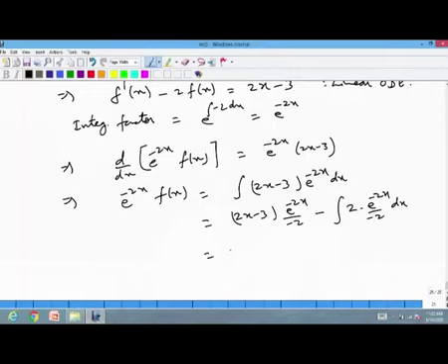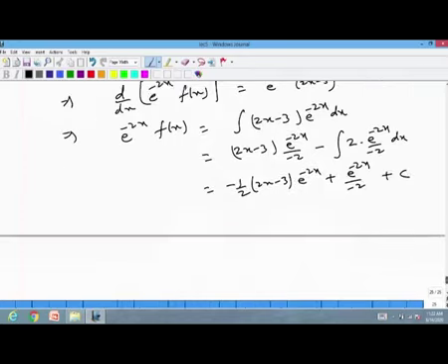So, this is equal to minus half 2x minus 3 e to the minus 2x, this becomes plus e to the minus 2x by minus 2, plus c. Multiplying by e to the 2x, this gives f x is equal to minus half 2x minus 3, minus half, plus c e to the power 2x.